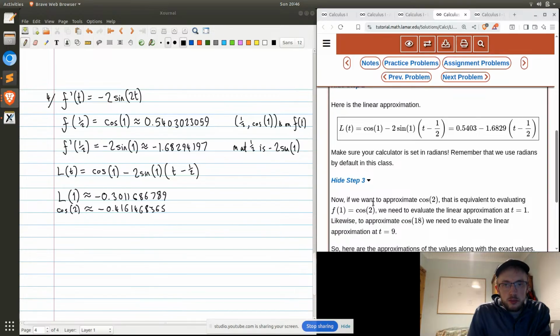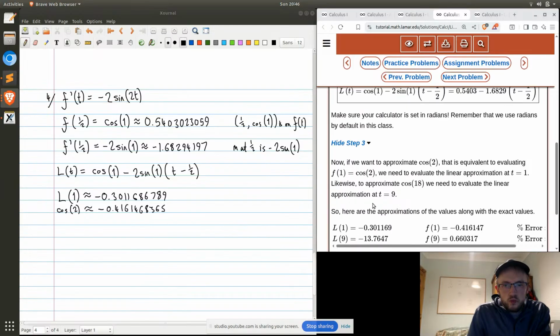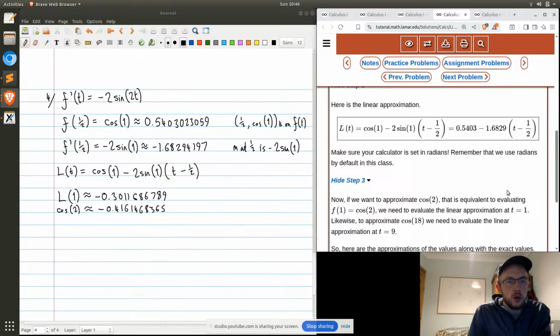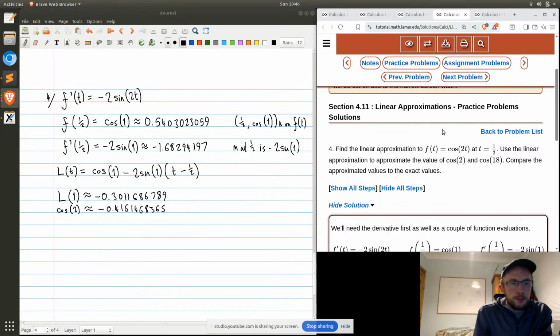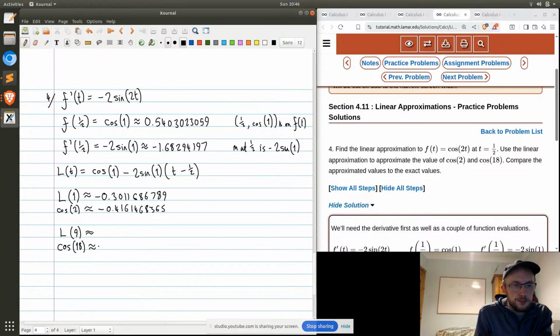So he just plugs in f of 1 and gets that, plugs in L of 1 and he gets that, and that's exactly what we thought. But I don't see anything for 18. That would be L of 9 versus cosine of 18. I think these are going to be completely unrelated, essentially. Just nothing to do with each other.